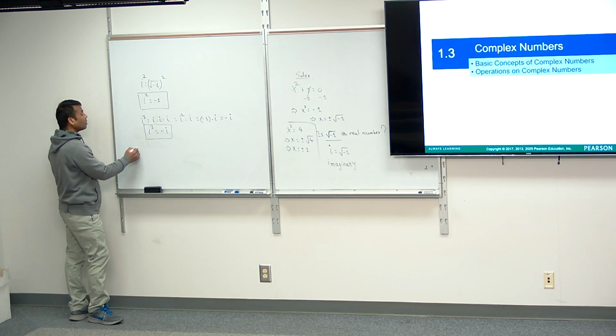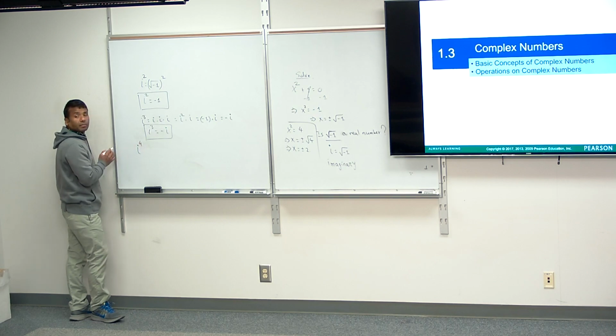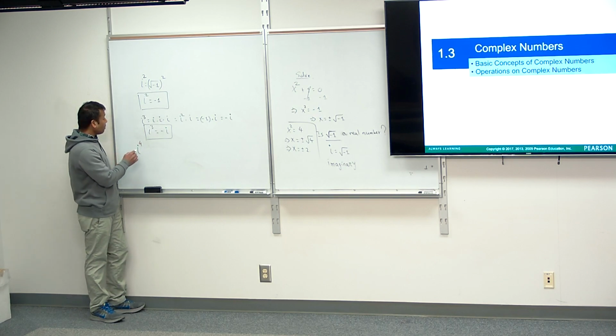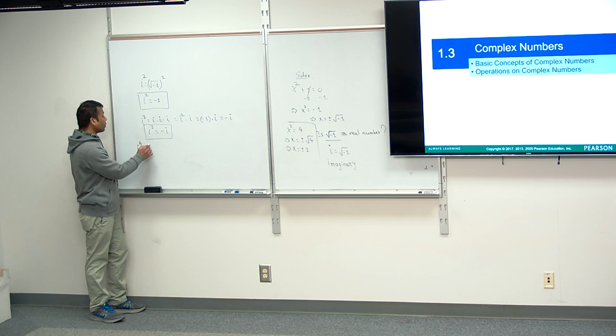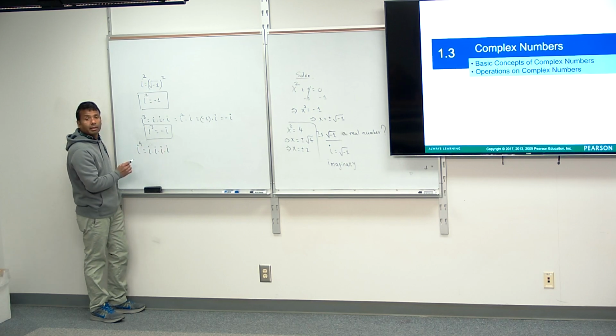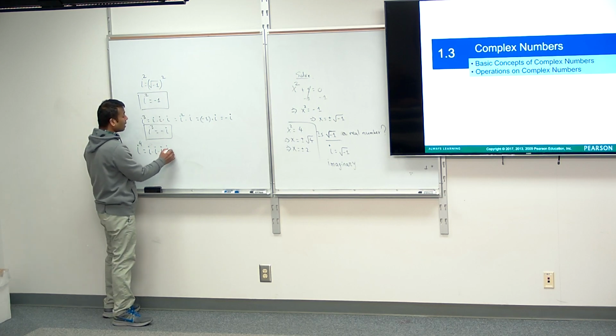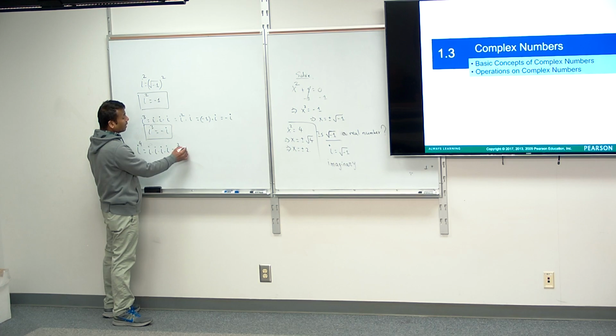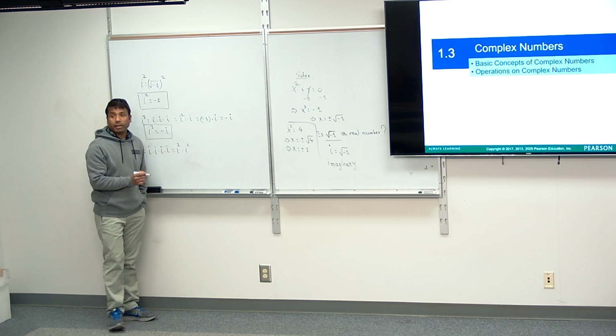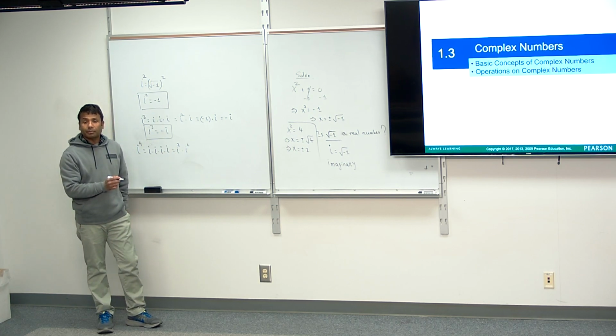Now if you have i to the power 4, this is the product of i times i times i times what? i. Is that right? And this i times i is i squared, and this i times i is again what? i squared. Right?